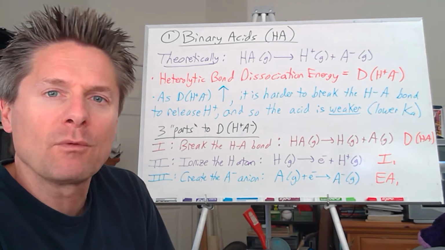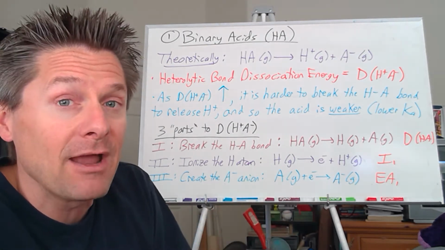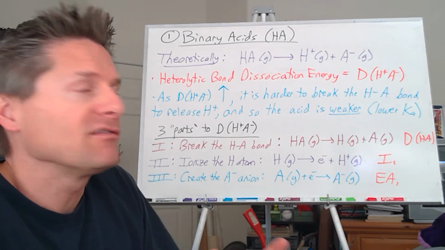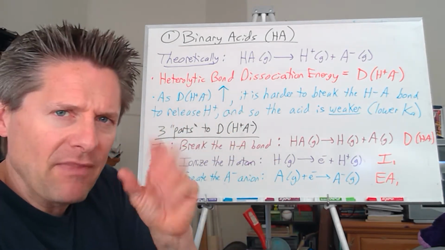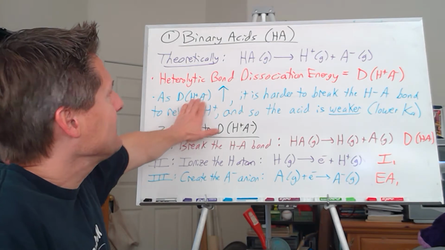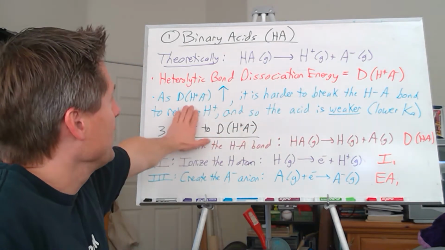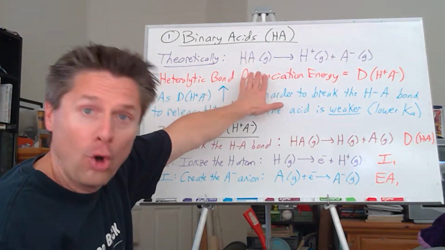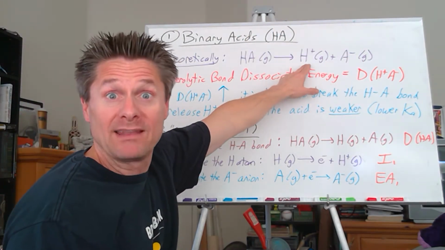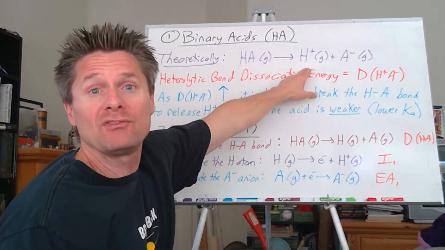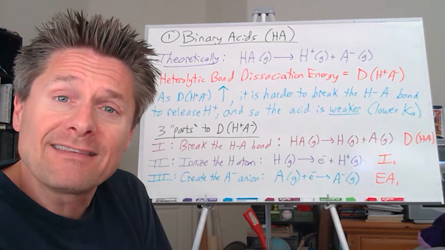We'll compare that to where we just break the bond but don't create the cation and anion, which is the homolytic bond dissociation energy, later. But I want you to think about this value. As that heterolytic bond dissociation energy increases, it's harder to break the bond to create the ions, which is what makes it an acid. The easier we can produce the H+, the stronger the acid and the higher the Ka.